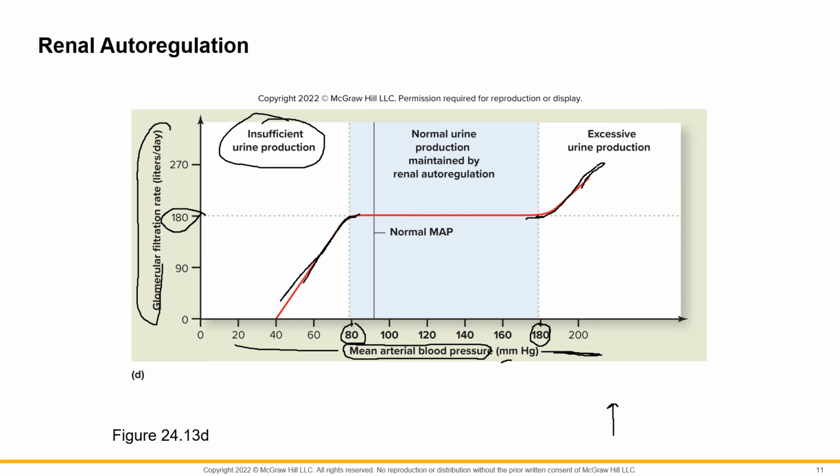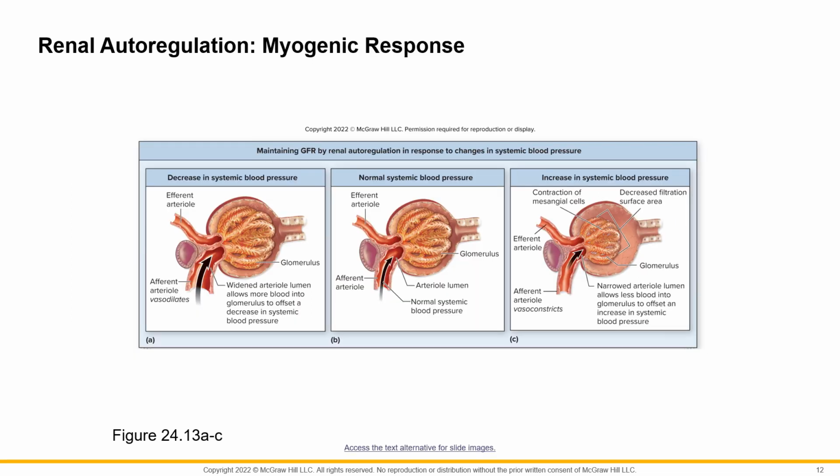So let's look at how the kidney tries to fix GFR, or tries to maintain GFR in-house. I'm going to start with image B here, because this is what happens when systemic blood pressure is normal, right? So when systemic blood pressure is within that 80 to 180 range, blood comes through the afferent arteriole.